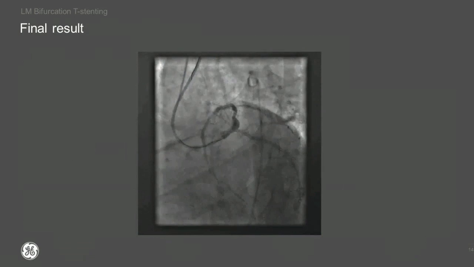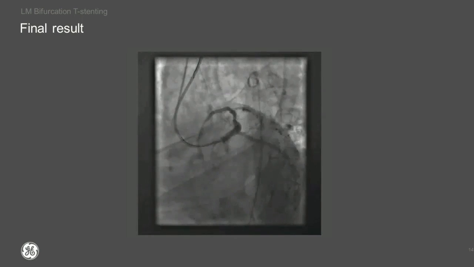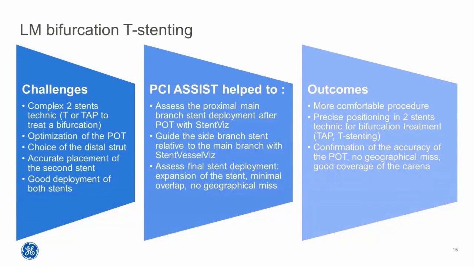Here you can check the result, which was good, with a good position of the second stent on the side branch, and the stent well open and covering the ostium on the left main. So the challenges were the position of the second stent in case of a two-stent technique for bifurcation lesion, the optimization of the POT technique to be sure that the stent is well open, and the choice of the distal strut of the bifurcation to optimize the coverage of the ostium with the stent of the main vessel.